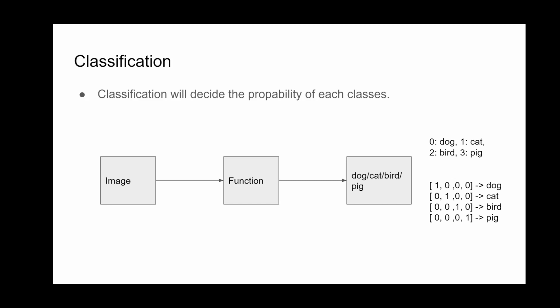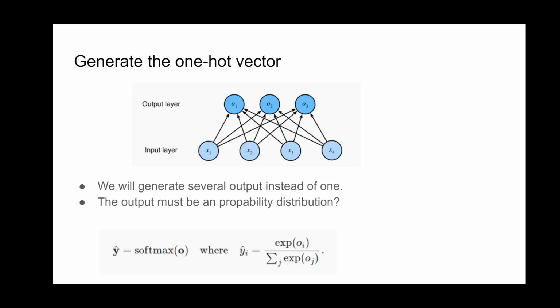For example, for the dog, it means that the first element is the probability of the dog, the second element is the probability of the cat, the third one is the probability of the bird, and the fourth one is the probability of the pig. So it means that the output vector must be a probability distribution.